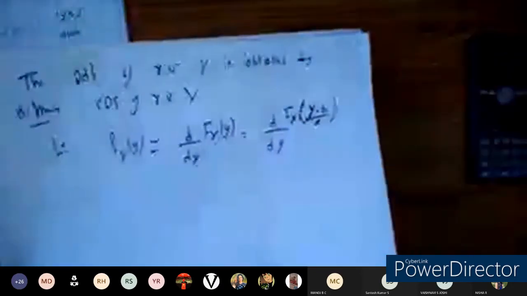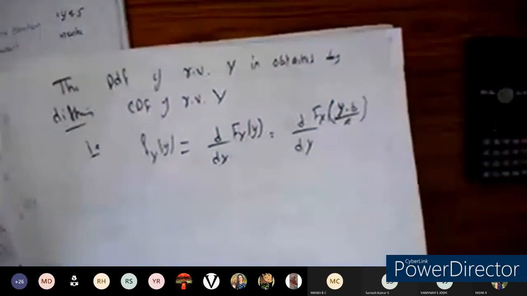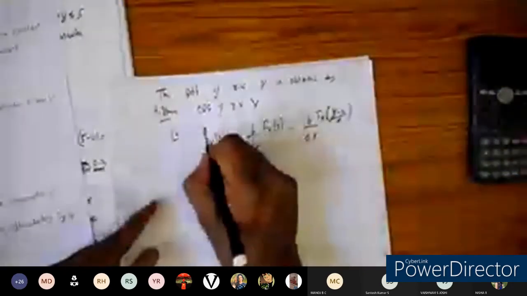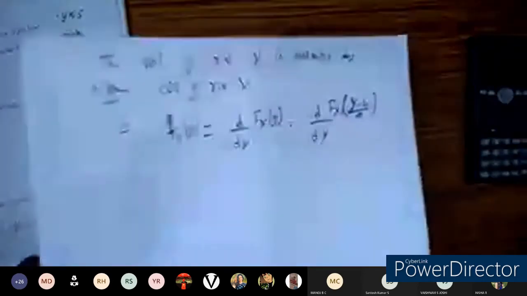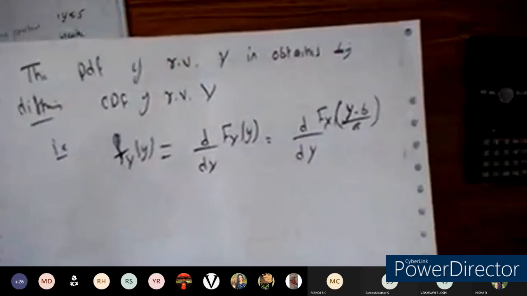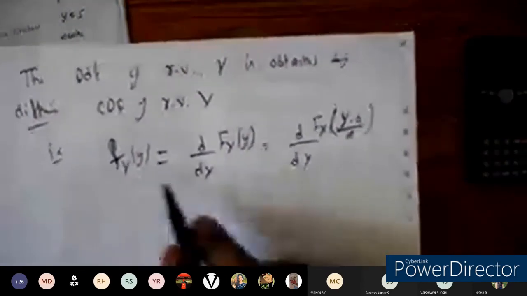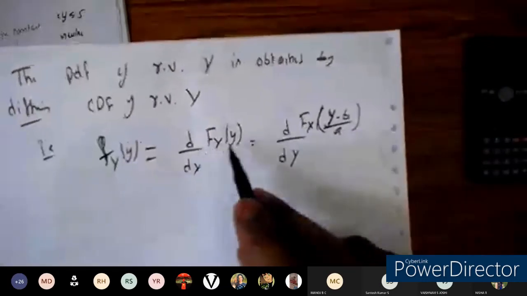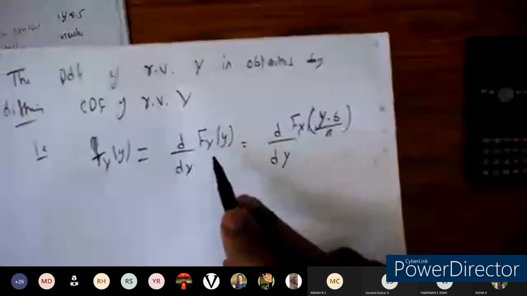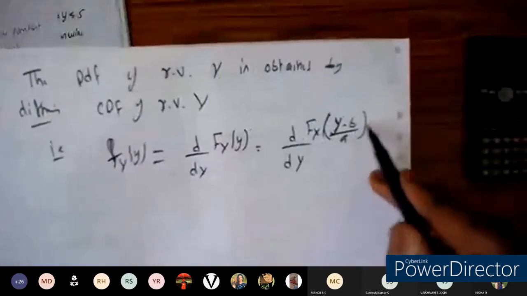You can see this relation here. So f y of y is obtained by differentiating the CDF F y of y, and F y of y is nothing but F x of (y minus b) by a.